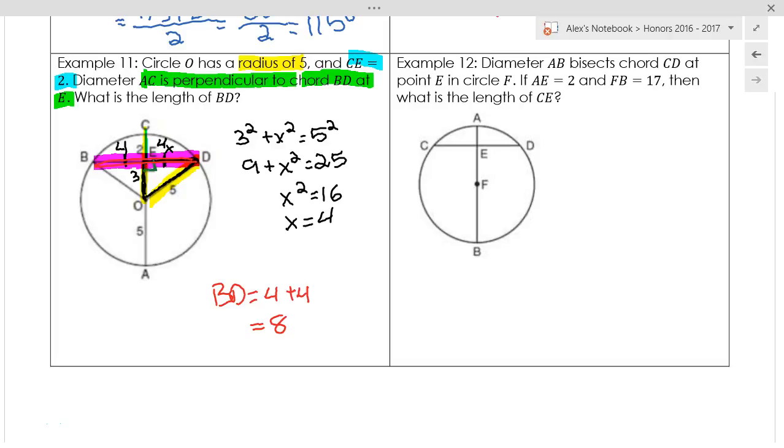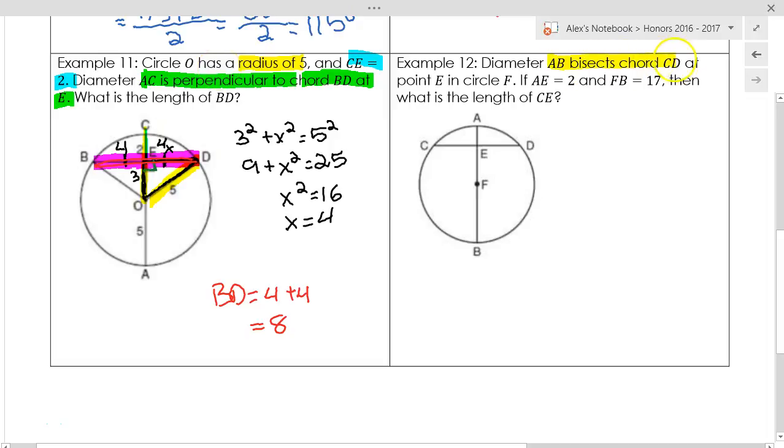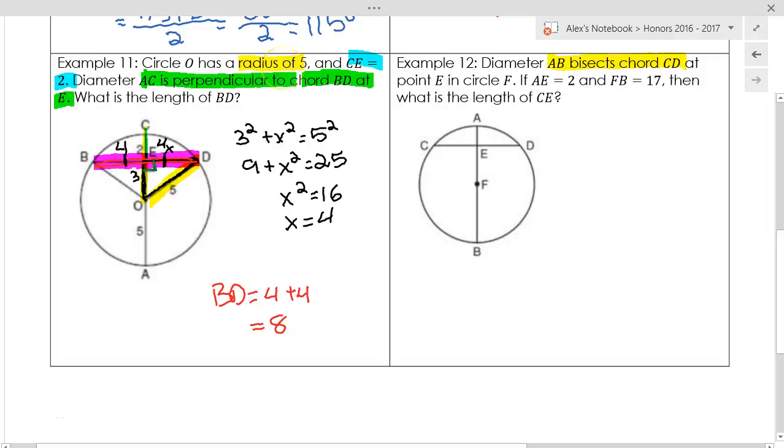All right, let's look at example 12. Diameter AB bisects chord CD. Remember, bisecting means it cuts it in half. So AB bisects chord CD, which means those two sides are congruent.